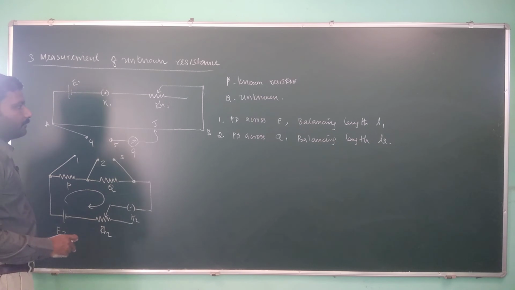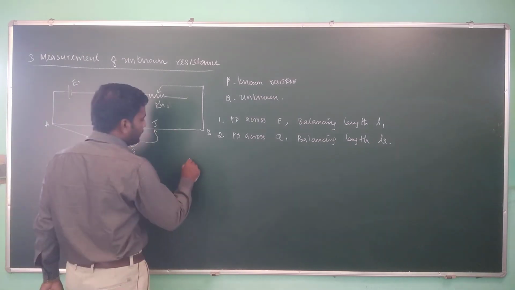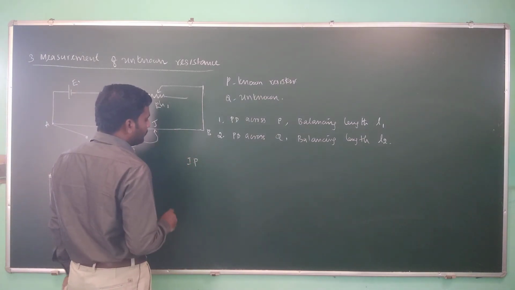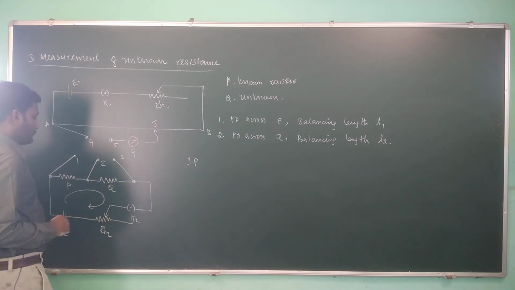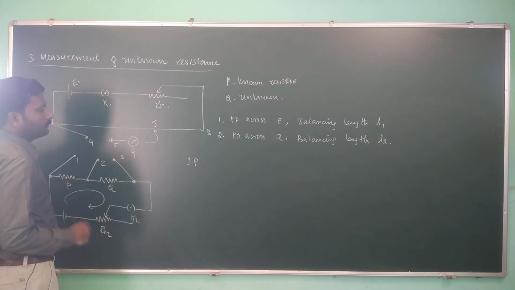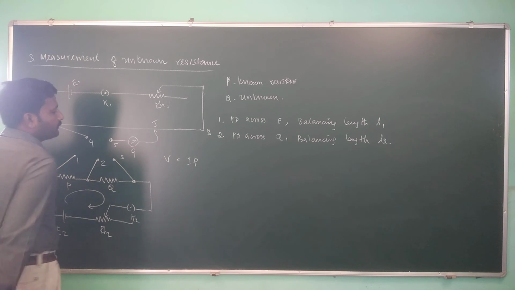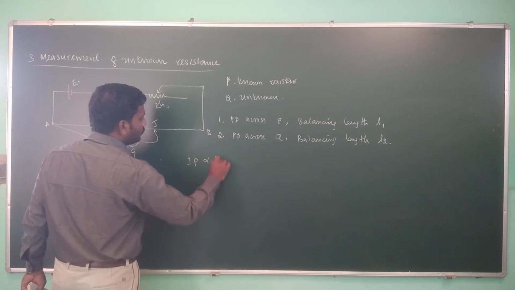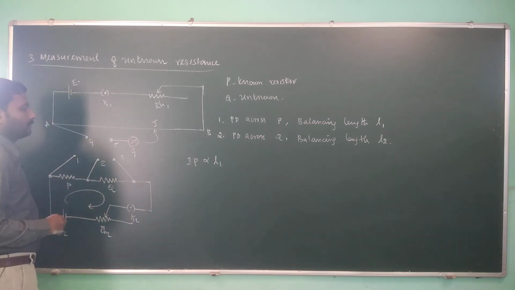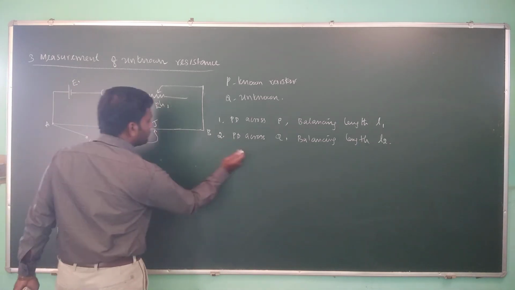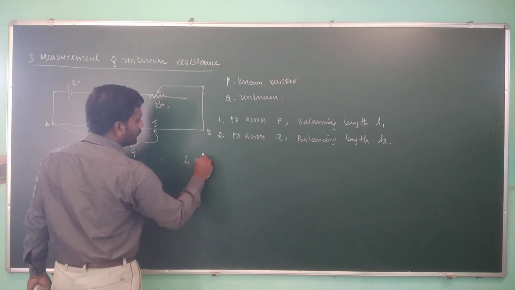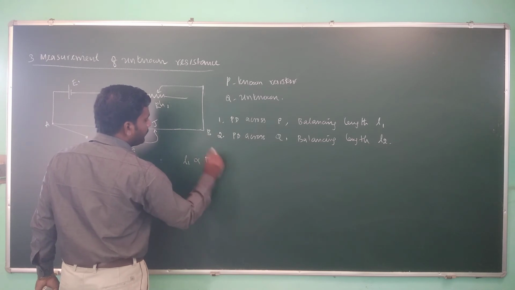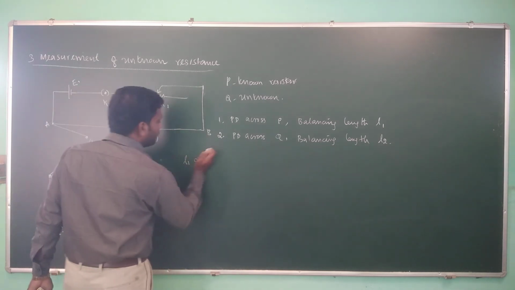So the steady current and the P that we know, the product of these will determine the potential difference V. And now this is proportional to L1, right? You can say that the balancing length L1 is proportional to P and I, or you can write IP.